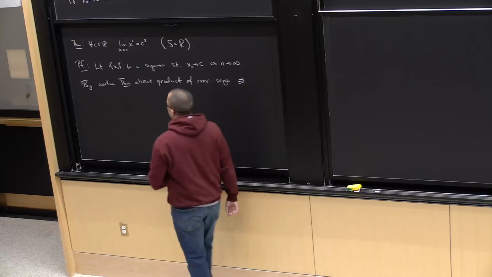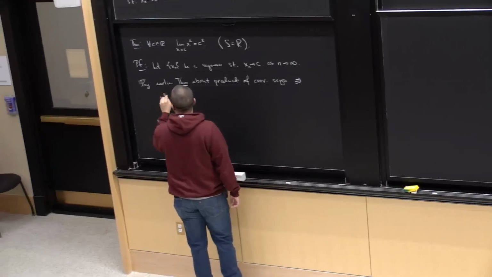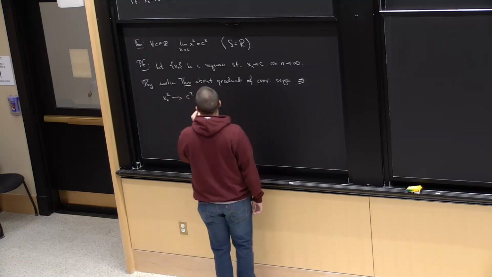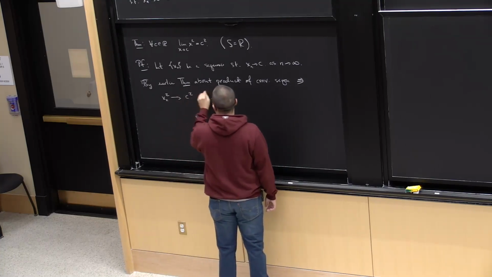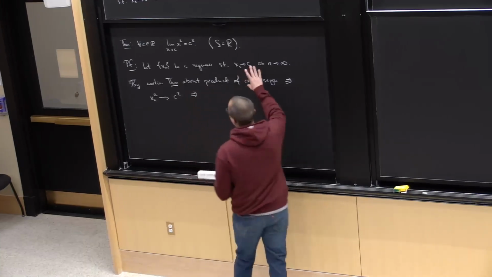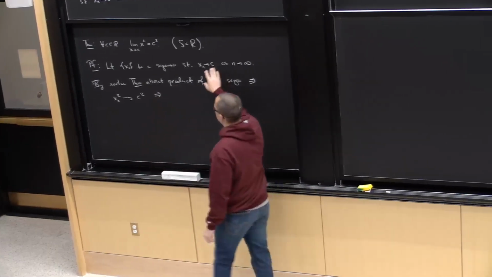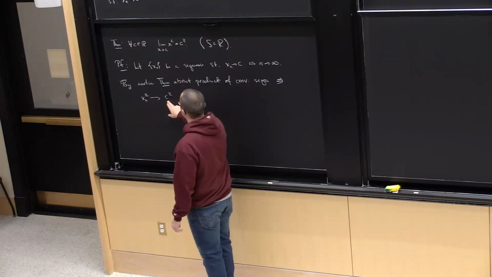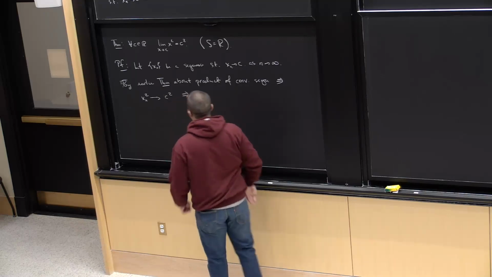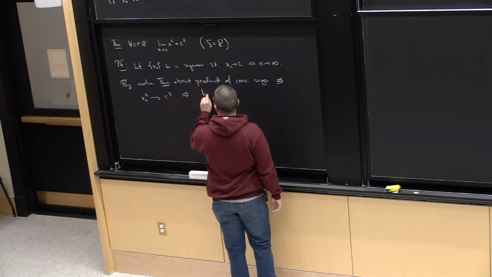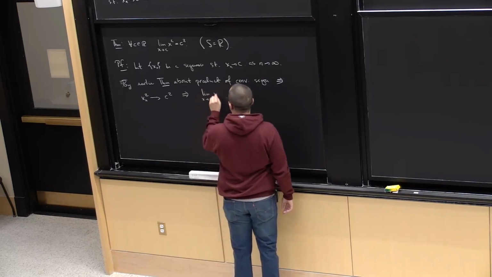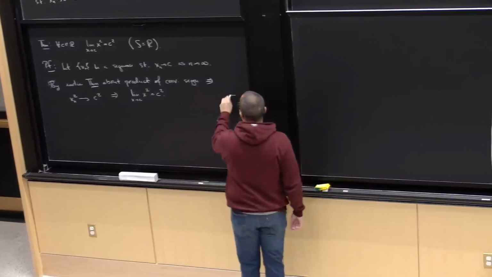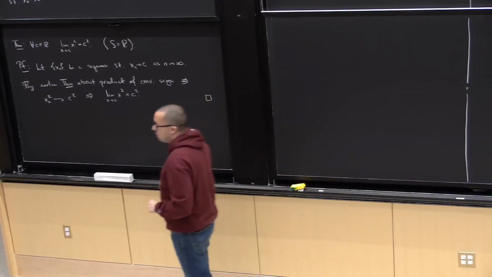We get that x n squared converges to c squared, which implies, so we've now verified that for every sequence converging to c, f of x n, meaning x n squared, converges to c squared, and therefore by the previous theorem, we've proven the claim. Okay.